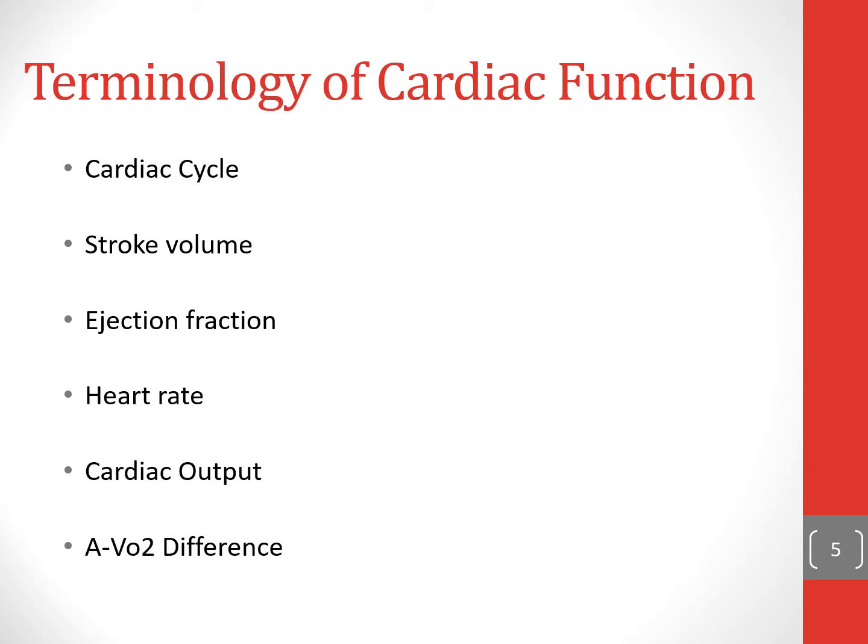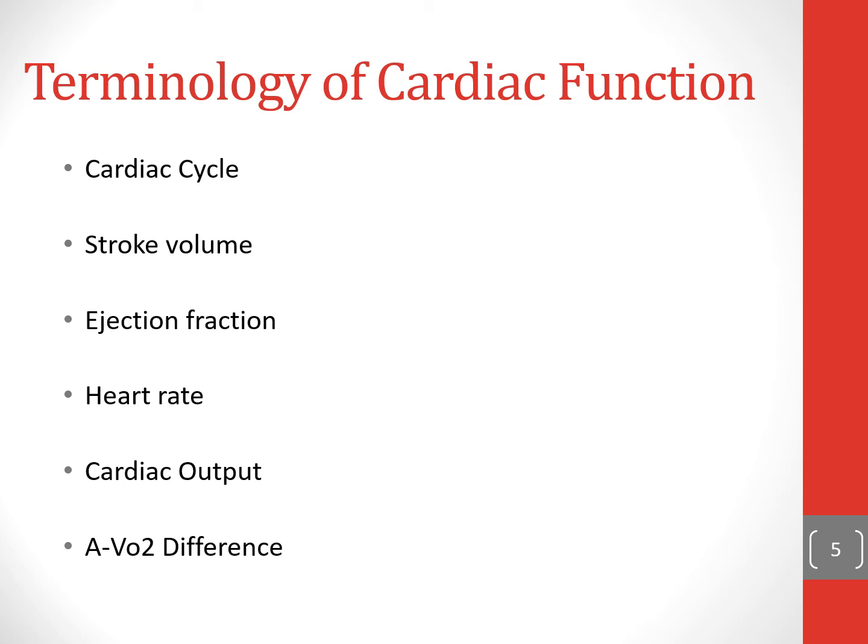So, for example, let's say our stroke volume was 100 mils. That's really low, but it'll serve as a good example for us. So let's say our stroke volume was 100 mils. Let's say you started with 200 mils in the left ventricle and you ejected 100 of them. So our ejection fraction would be 50%.